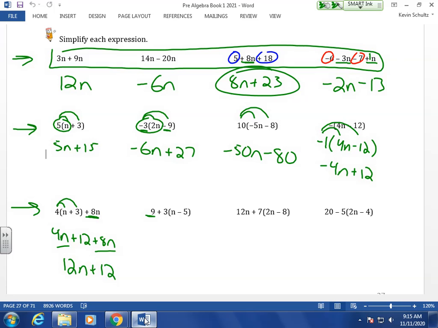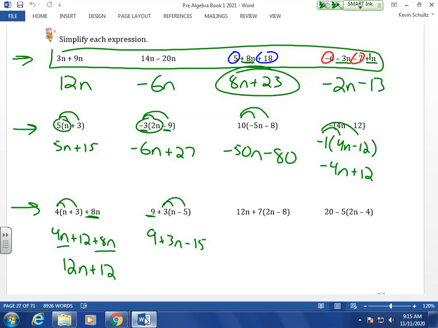So the 3 is what gets put in. The 9 drops down just like the 8n did. And now we've got 3 times n, which is 3n, and 3 times negative 5, which is negative 15. So if it's not part of your parentheses, it's not a coefficient, it's not included, just wait on it. Distribute first, and then combine like terms.